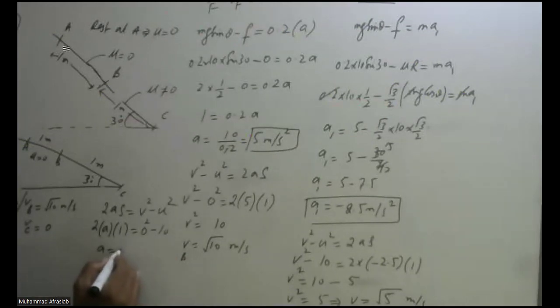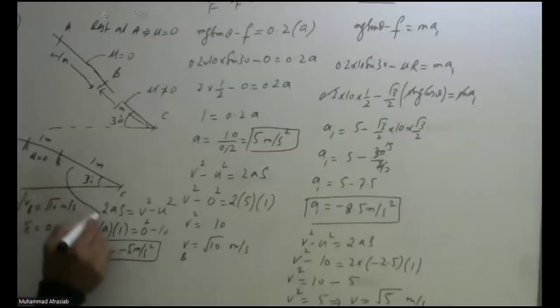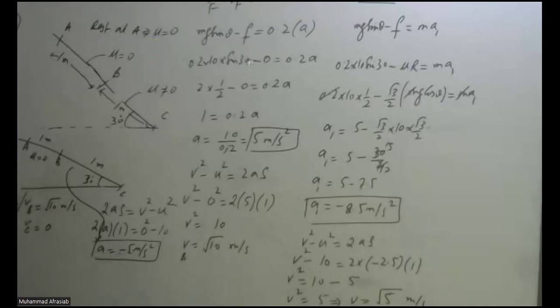So a is equal to minus 5 meter per second square. So that acceleration at this position is equal to minus 5 meter per second square.